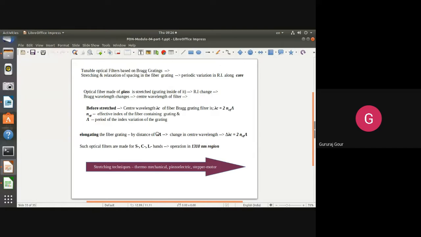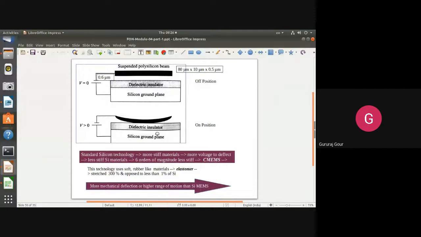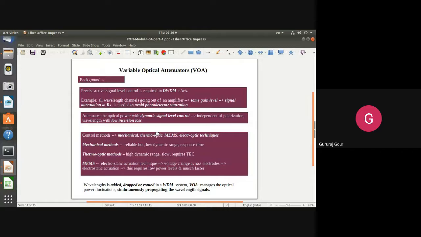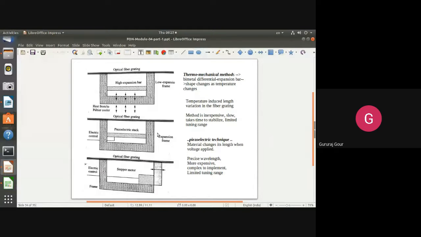So starting from the MEMS technology, actuation could be either mechanical, thermoelectric, or in this case piezoelectric or stepper motor.